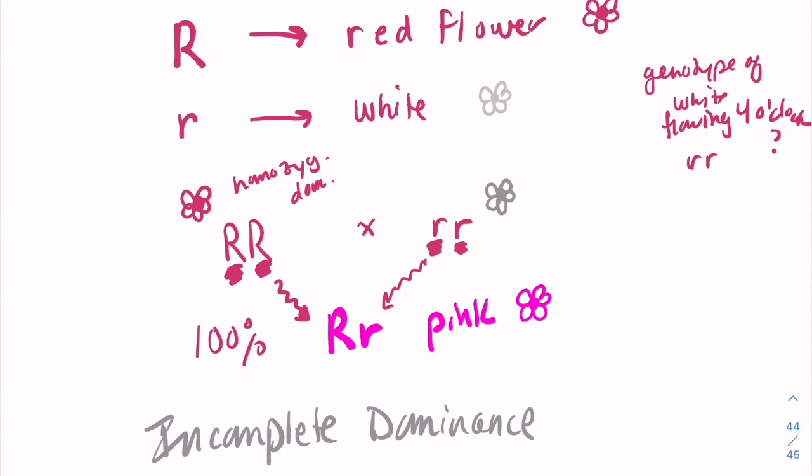In incomplete dominance, the dominant allele does not completely dominate expression of the recessive. So we get a little bit of whiteness mixing with a little bit of redness, and when you mix red with white, you know that you get pink, right? This is incomplete dominance.